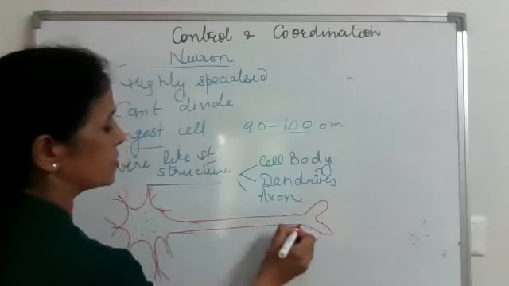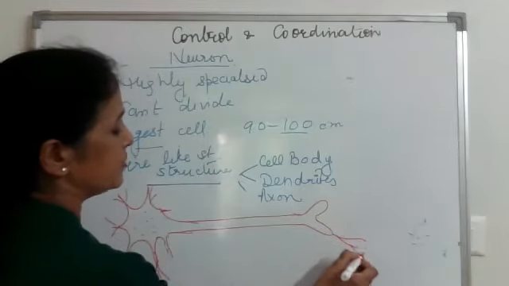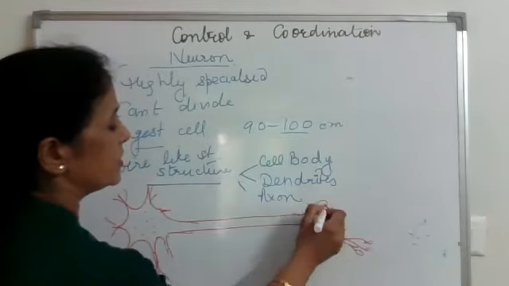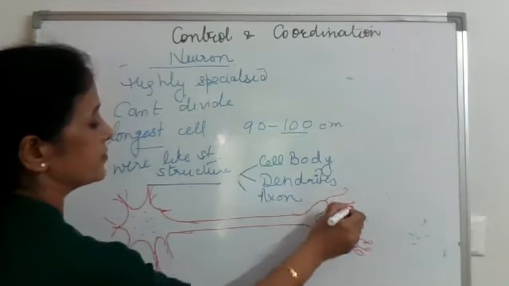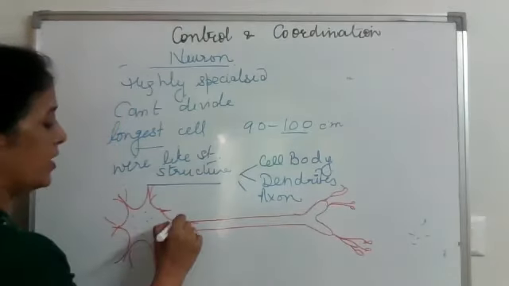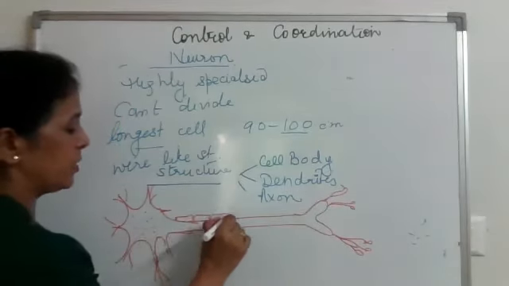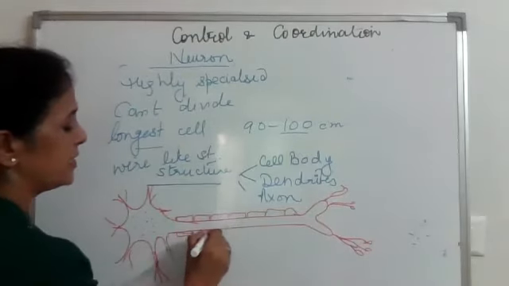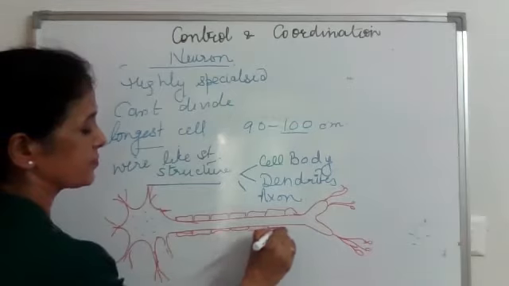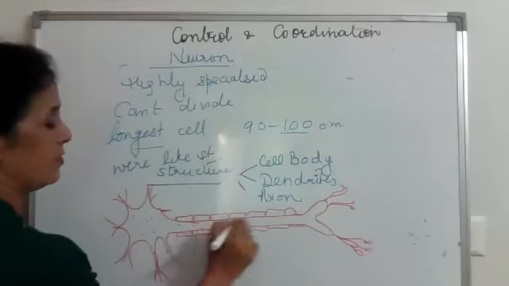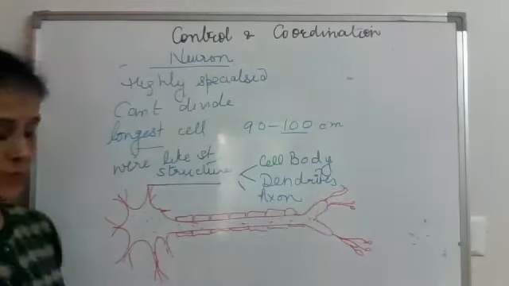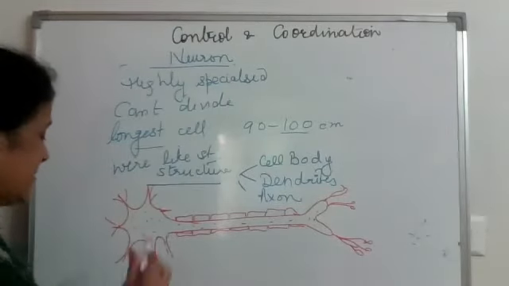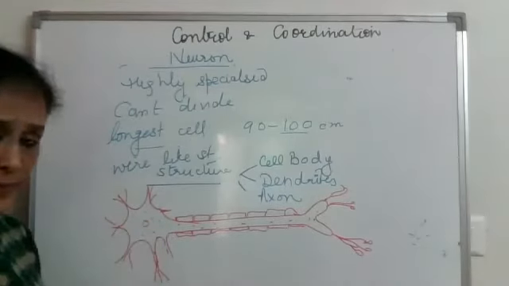Now this axon is going to terminate into the nerve ending. Around this axon, there may be a fatty covering that is called the myelin sheath. Okay, so now let us label it. There is a nucleus in this.